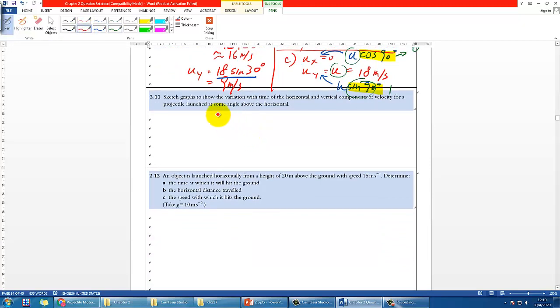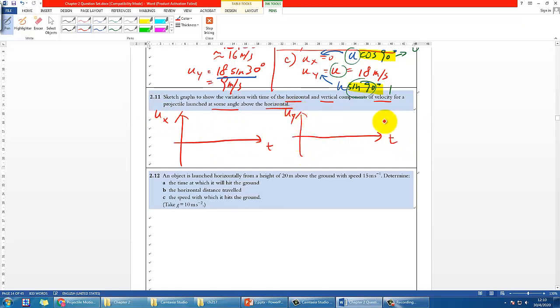Let's take a look at the next one. It asks you to sketch the graph for the variation with time of the horizontal and vertical components of velocity for a projectile at a certain angle above the horizontal. One thing you need to realize is how to draw the velocity-time graph. In case it has any negative, I would do it like this, but I don't think horizontal will have one.